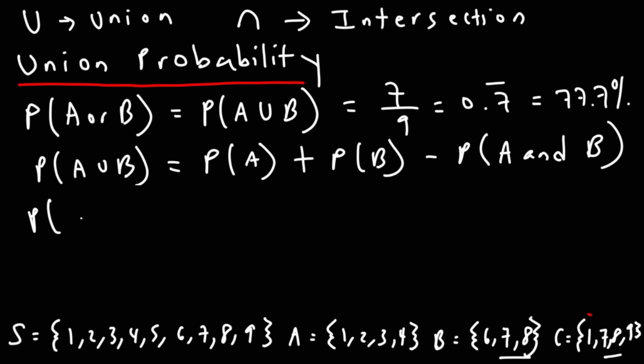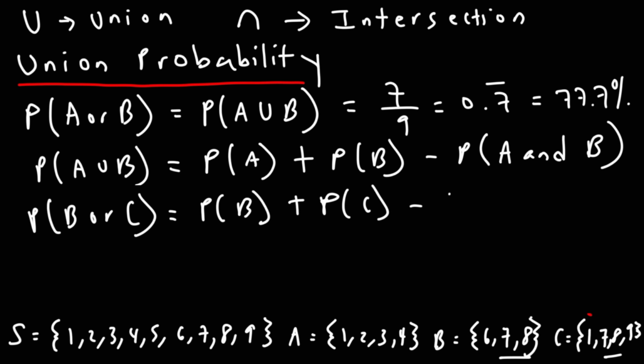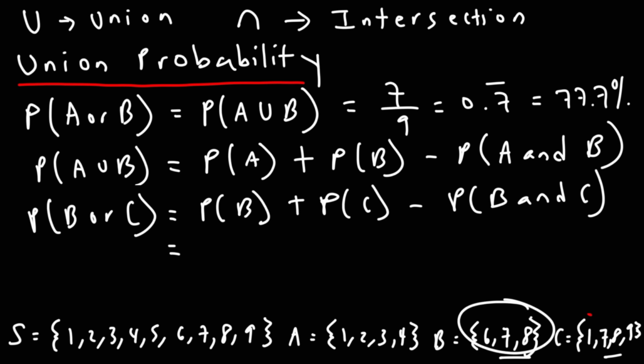Let's calculate the probability that B or C will occur. That's going to be the probability of B plus the probability of C minus the probability of event B and C occurring together. So B has 3 elements in it out of a total of 9 possible outcomes, so this is going to be 3 over 9.